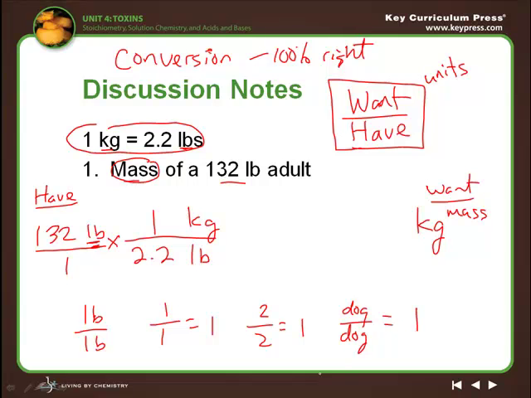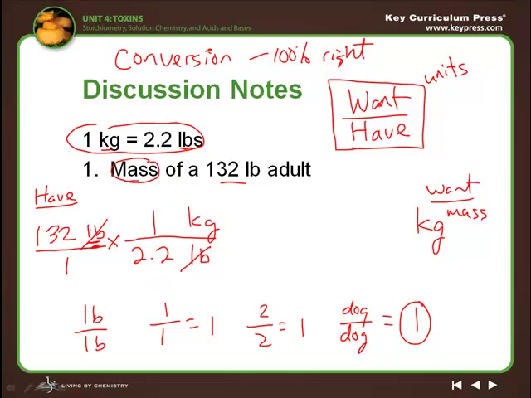Not 1 dog and not dogs making more dogs. It's just 1. That's it. Okay? These are called equivalent statements. If you have pounds on top and pounds on bottom, they cancel. They equal 1. They don't equal 0. If they equal 0, anything times 0 is what? 0. It really messed things up.